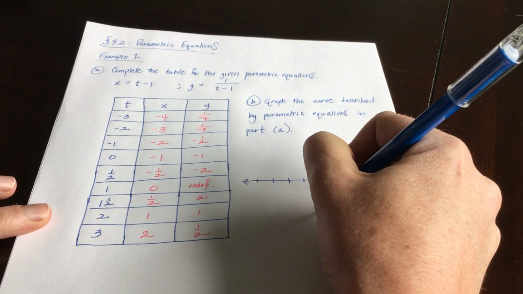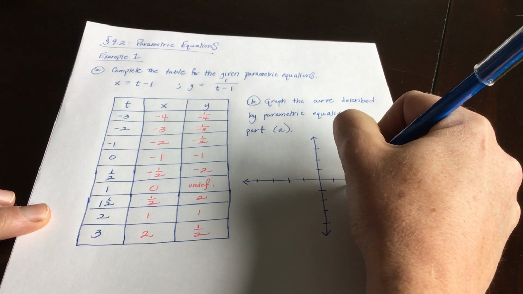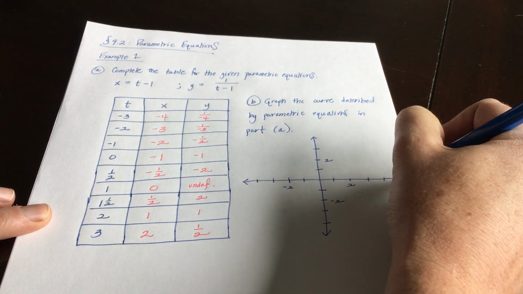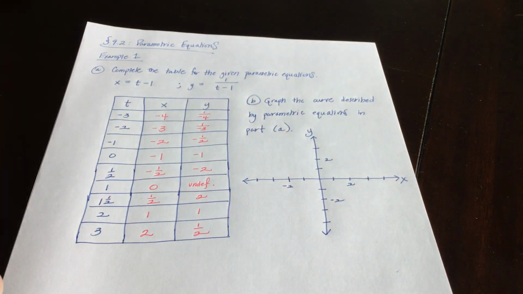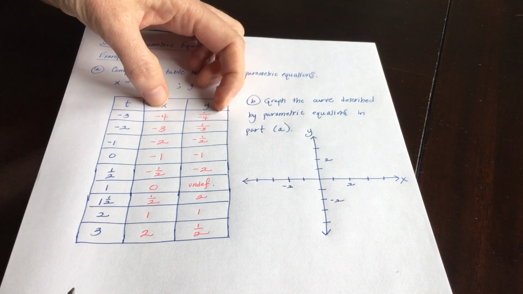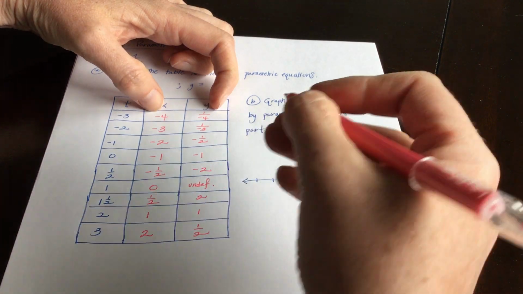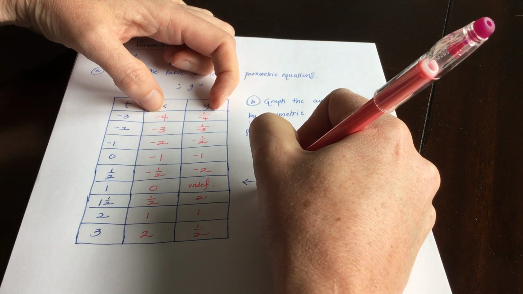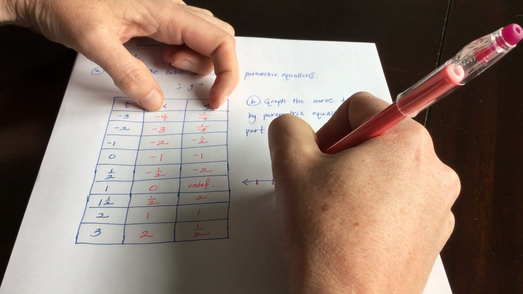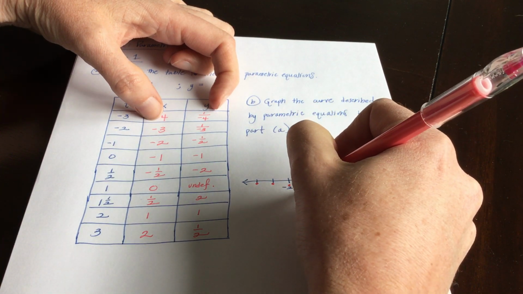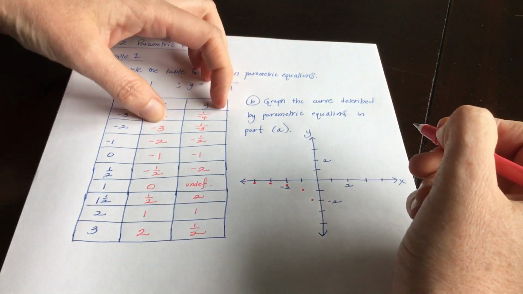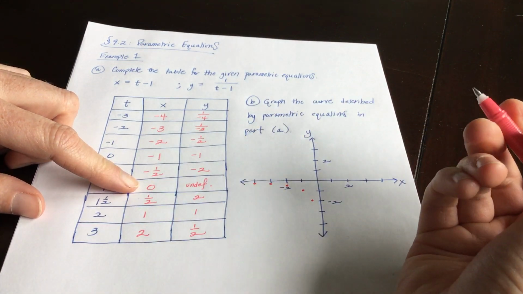Okay. Okay, so plotting these points, we would really just pay attention to X and Y coordinates. So -4, -1/4, -3, -1/3, -2, -1/2, -1, -1, -1/2, -2. 0, you have something that's undefined.